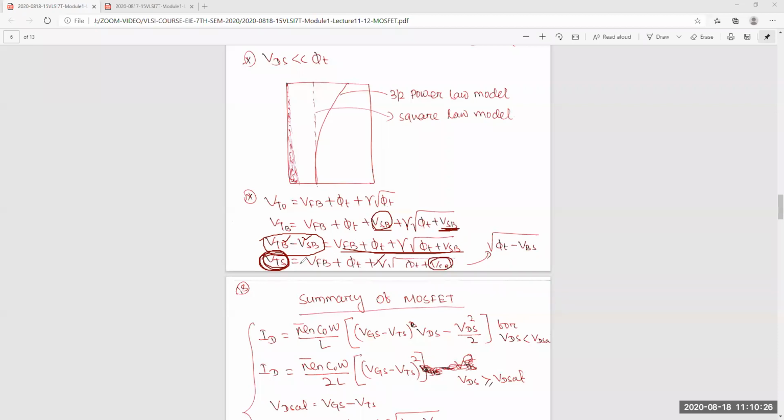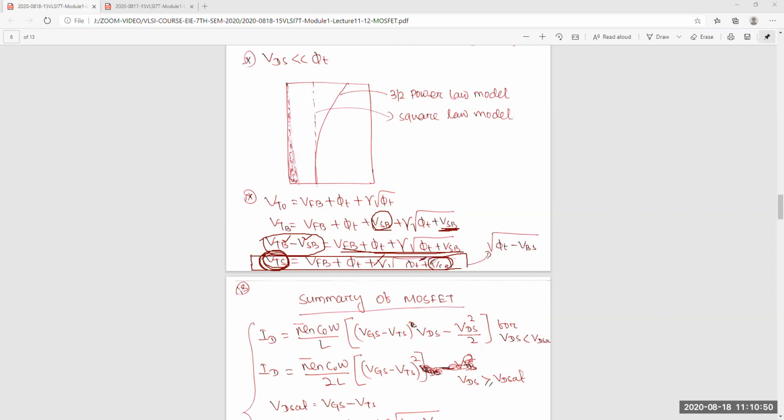In whatever book you see, you will see this type of equation, and it's not mentioned S, it's T. That means body effect is included. Sometimes you will also get a minus: phi minus, this is phi t.